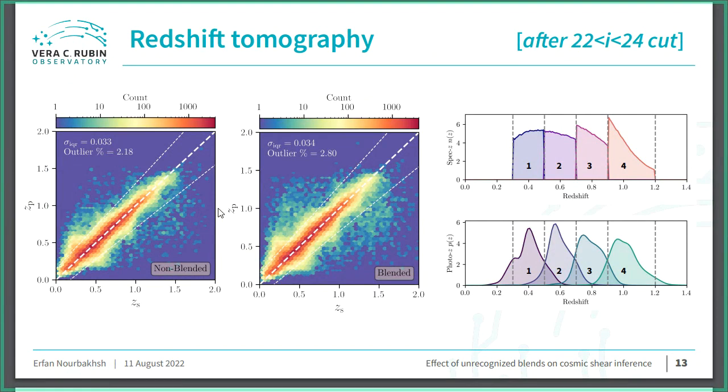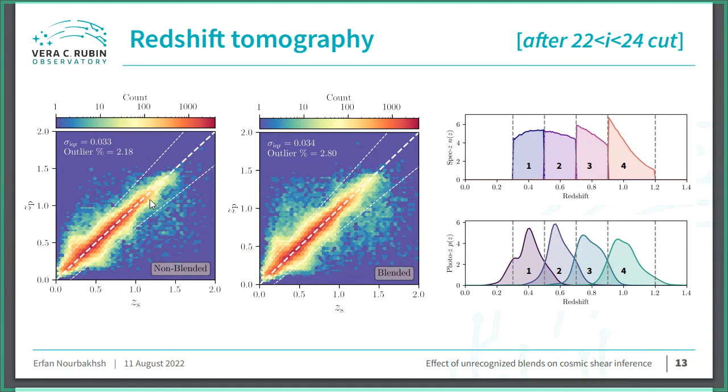And here for this study, I have 4 tomographic bins, 1, 2, 3, 4. You can see it on the right. And the focus would be on photo Z here. So I don't want to focus on spec Z. And here on the left, you see 2 plots. On the y-axis, you see photo Z point estimate, and on the x-axis, you see spec Z, spectroscopic redshift.